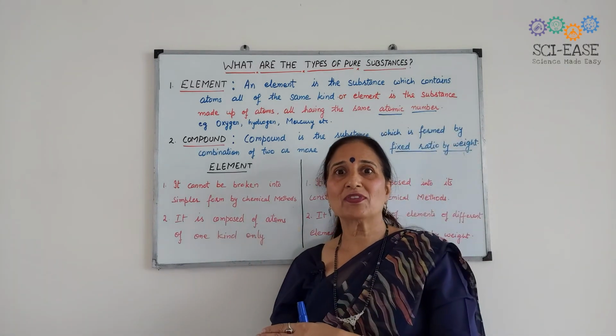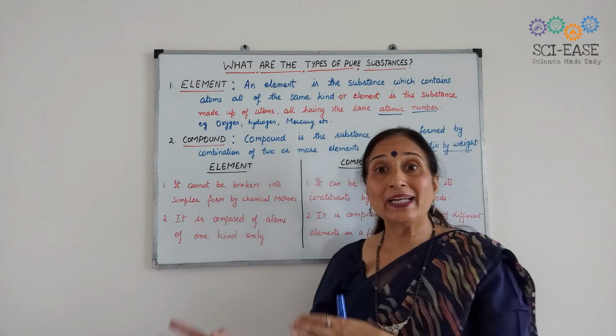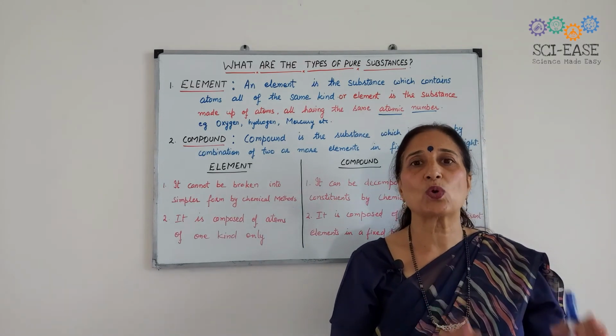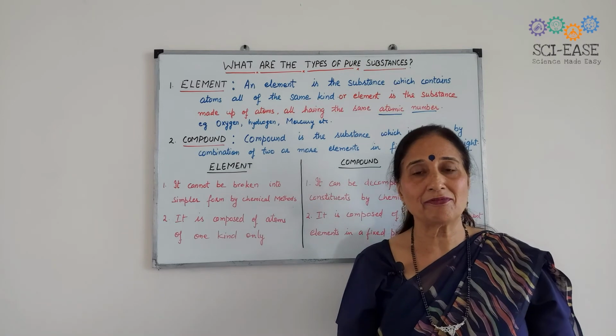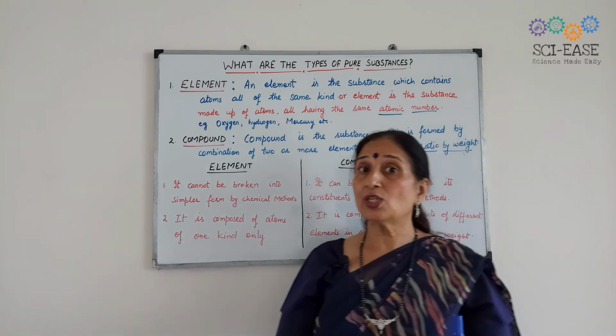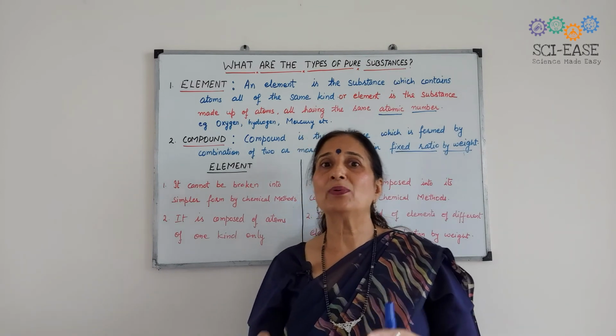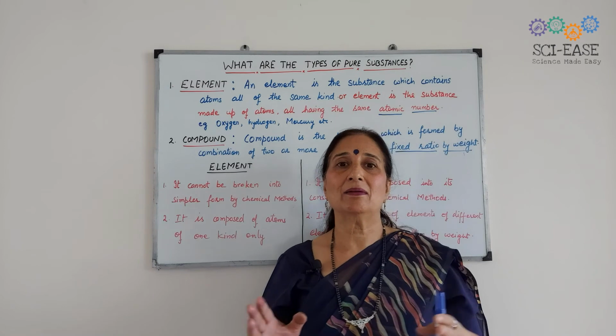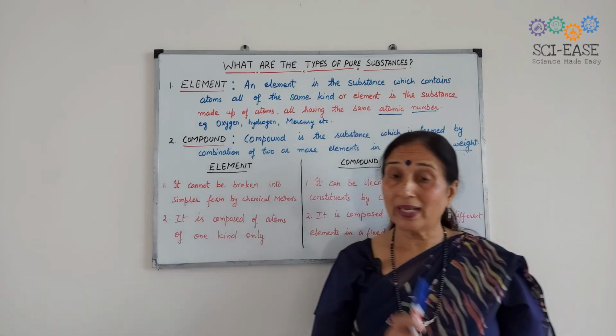But in case of the compound, the properties of the compound are entirely different from its constituent element, that I have told you, and the constituents of the compound cannot be separated by physical method. So this is very important question.